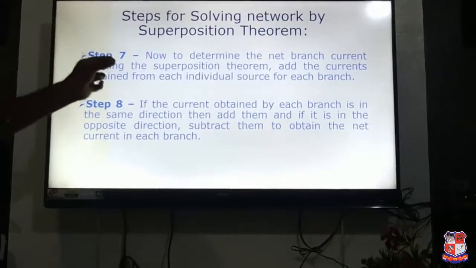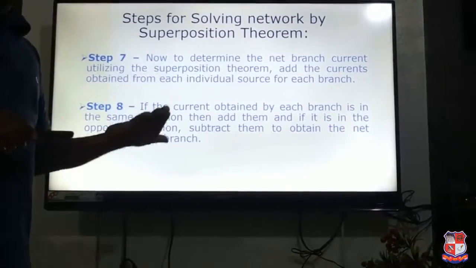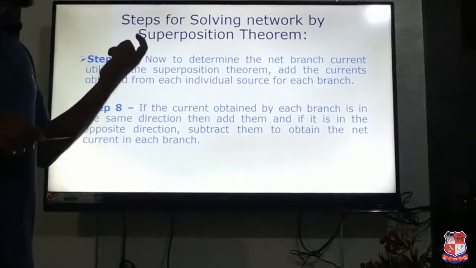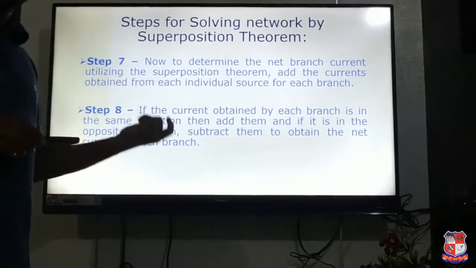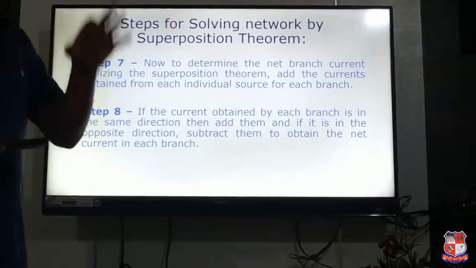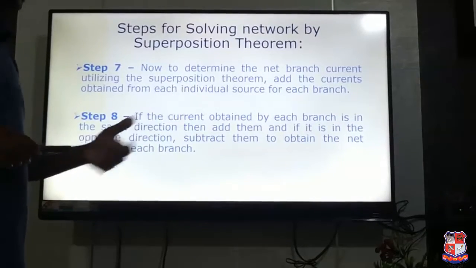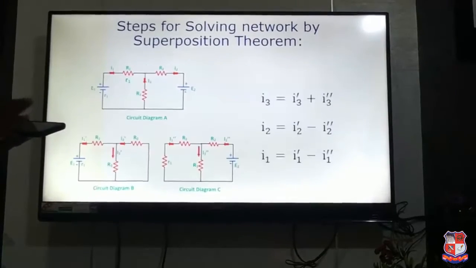Suppose I1 dash and I1 double dash are flowing in the same direction, then we do the summation, that is the arithmetic or algebraic sum. If I2 dash and I2 double dash are in the opposite direction, at that time we have to subtract. So these are the steps.